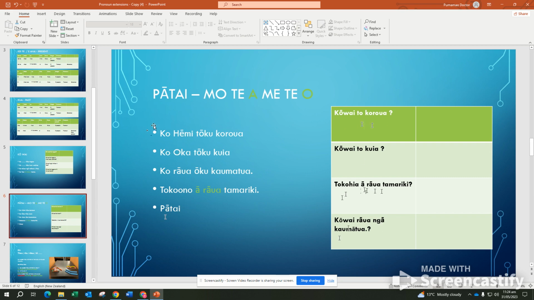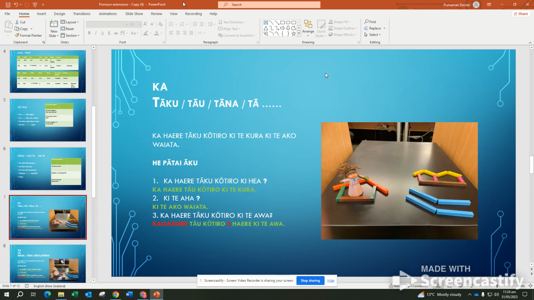Ka pai, so here's this slide here. Now going back to our lessons, as we've done in class, using te kupu ka and introducing with the tense indicator the pronoun T possessives taku, tāu, tāna and tā.